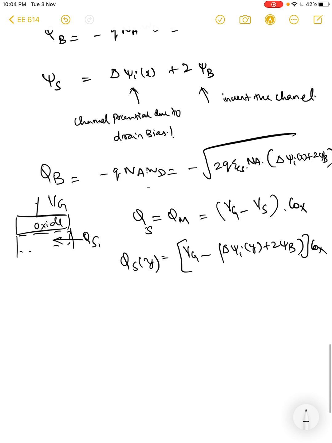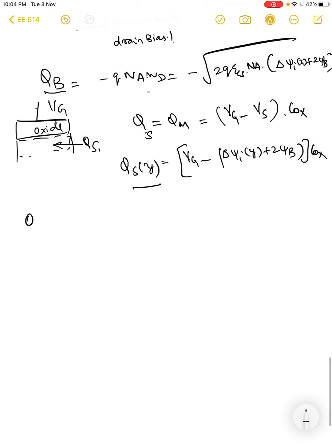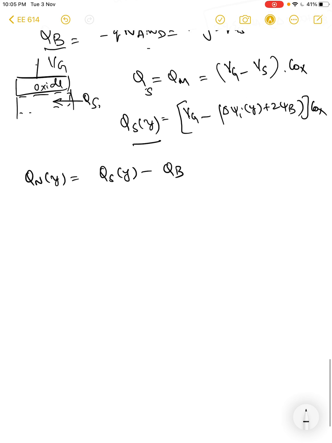So we know Qs of y, we know Qb from here, so you can calculate Qn of y as Qs of y minus Qb, and the sign of the charge is immaterial here, which will turn out to be Vg minus Vfb.